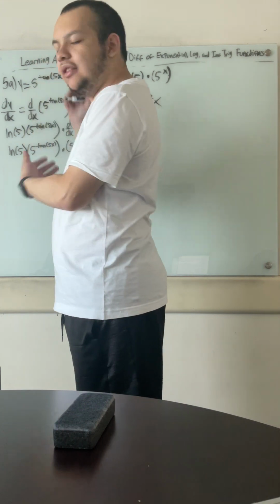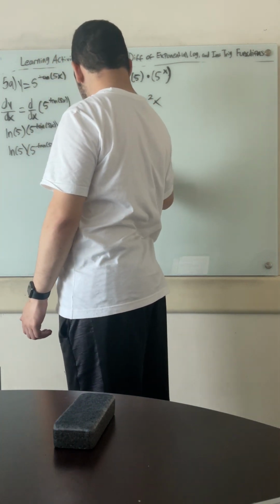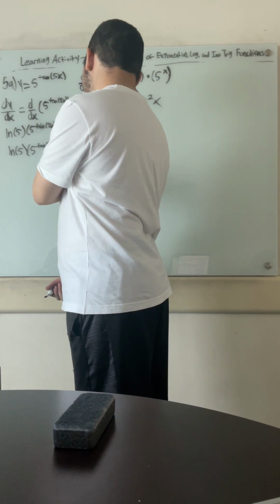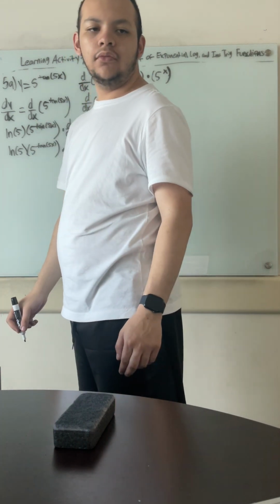And now we have to take the derivative of 5x, because once again we're going inside with respect to the chain rule.